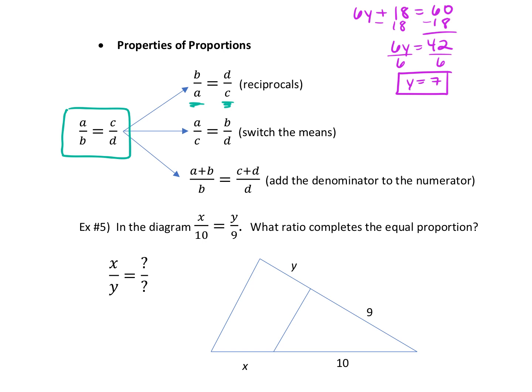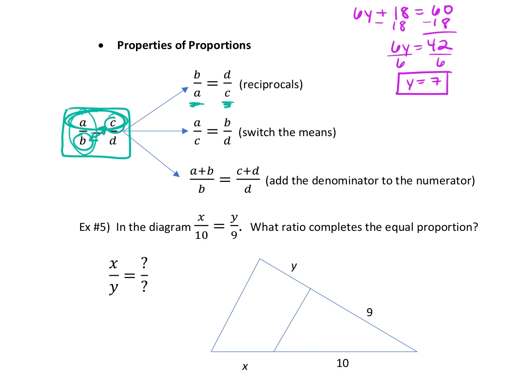The second one is that you can switch your means. So what b and c were, you can swap them, and now it's c and b. In my head, I always think of it more as instead of doing a over b, I go a over c, right? The ones across from each other can become my ratios, but really, you're switching your means is why it works.